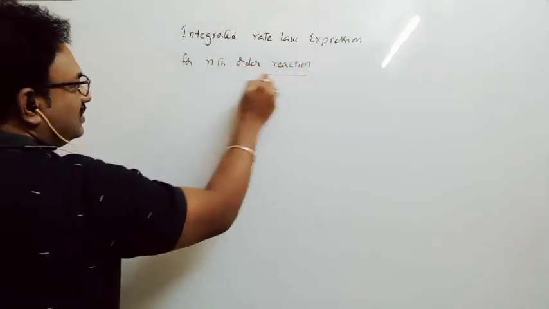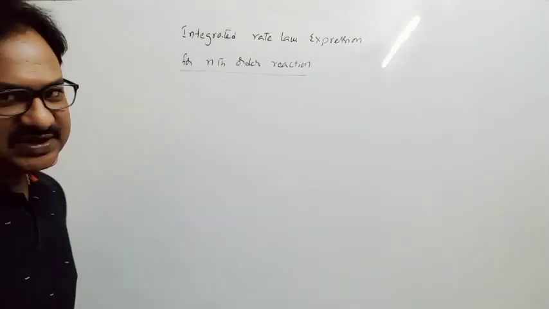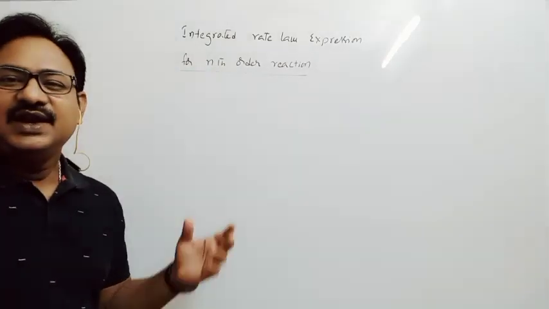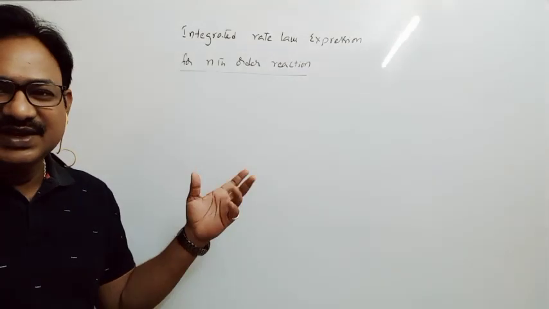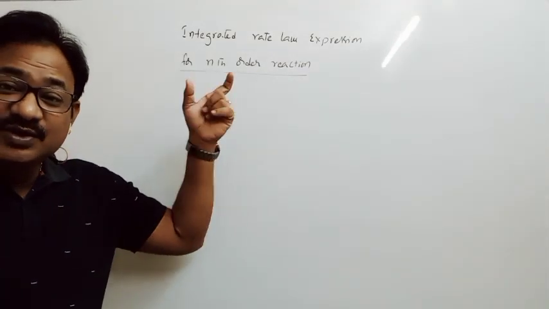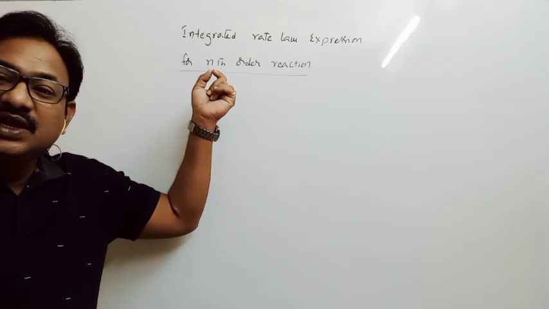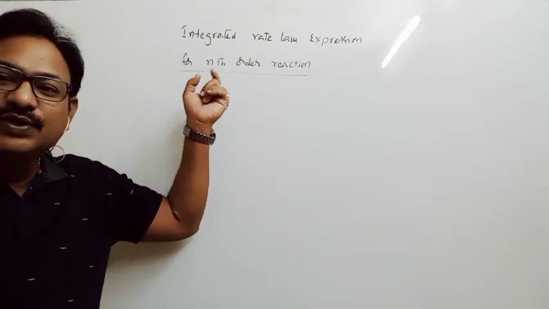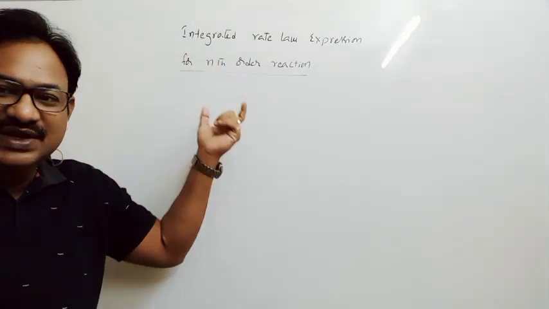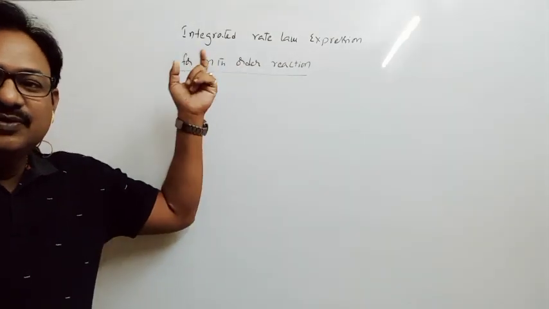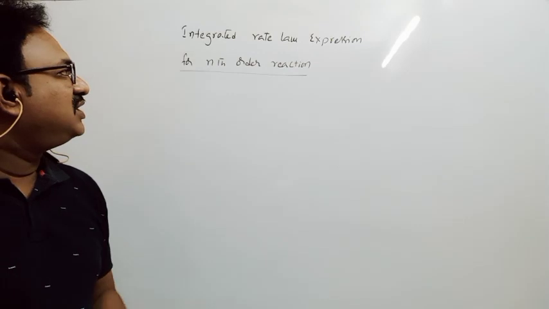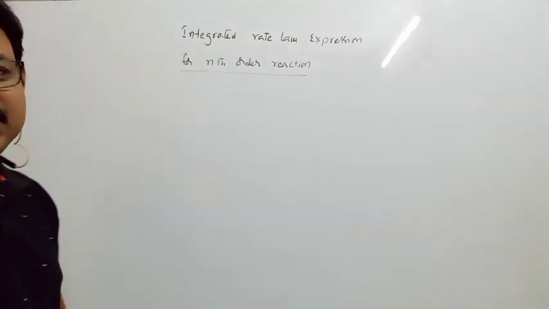See, I already explained the zeroth order and first order, and I didn't go through the second and third. So instead of that, let me go through this nth order. If you put 2 here, you will get a second order reaction. If you put 3 here, you will get a third order reaction, like that. So, integrated rate law expression for nth order reaction.